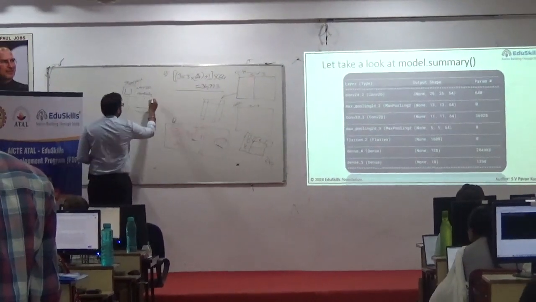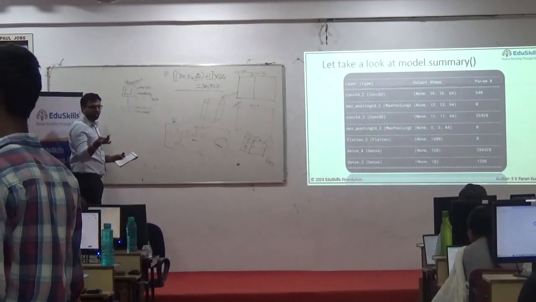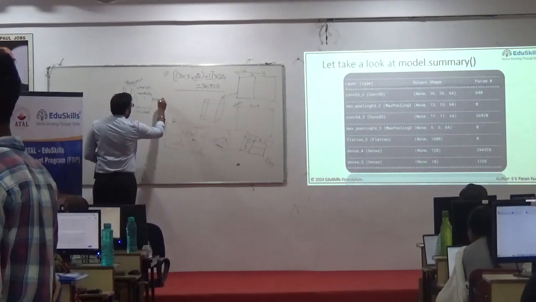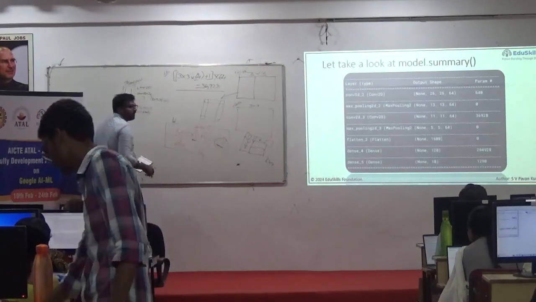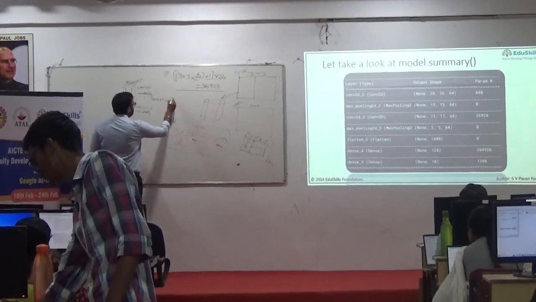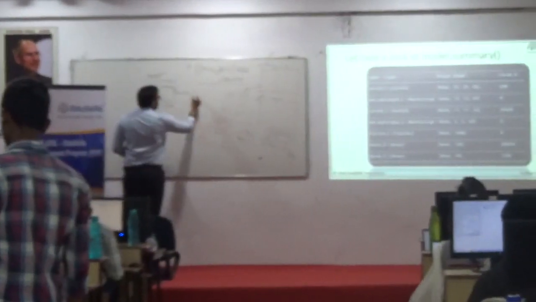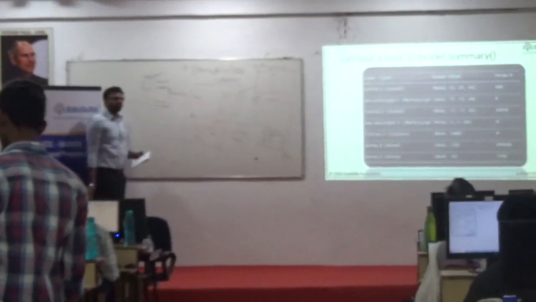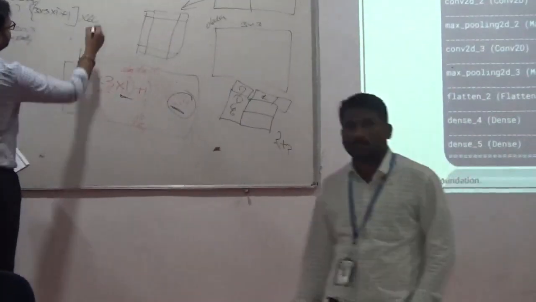The inputs are this 3 by 3 matrix, that's your filter, into 1, that's your color depth, plus 1 for the bias. Then how many filters do we have? 64. 64 into 64 gives you this answer, that is 640.